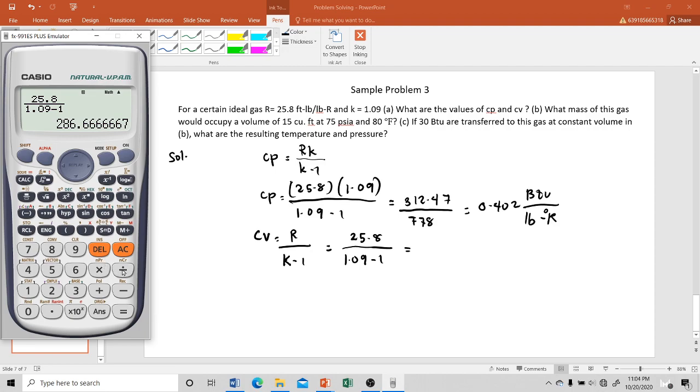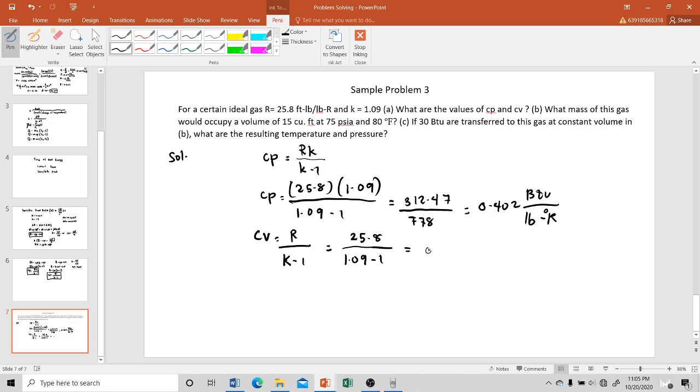So in terms of BTU, we divide by 778. So we have 0.368 BTU per pound Rankine.